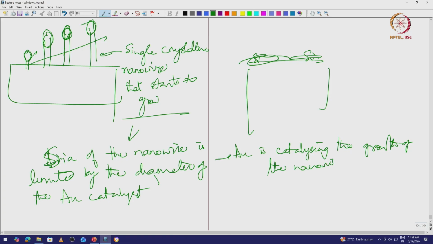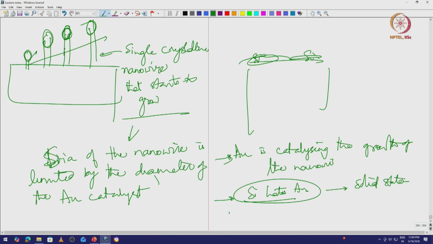Okay. And so we are going to use certain ideas of thermodynamics here. First, I said silicon hates gold, right. Silicon does not want to form bonds with gold, and this is in the solid state. So, in the solid state, the solubility of gold in silicon or silicon in gold is very, very small. Okay.